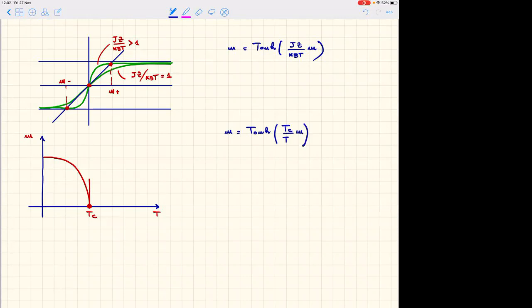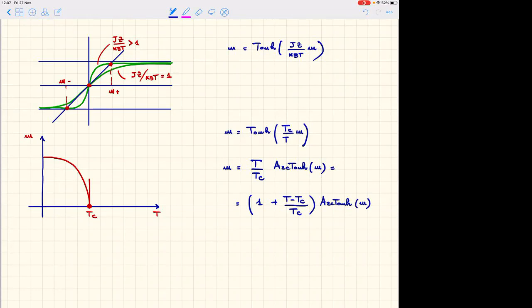Or, if you want, m equal to T over Tc arctanh of m, which is just the inverse of what I wrote down above. And this can be written as 1 plus (T minus Tc) over Tc times arctanh of m. All right?